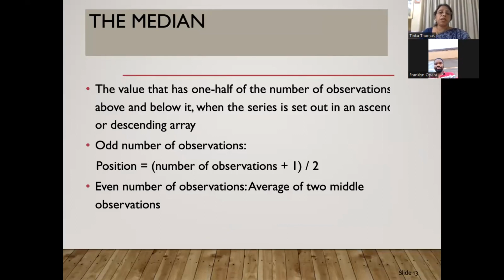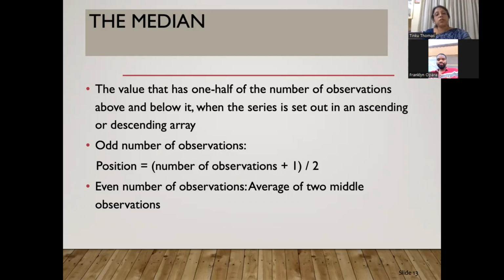So median, by definition, is a value that lies at the center. It is that value that has half of the observations lying above it, and another half of the observations lying below it. So essentially, median is at the center of the data. What do we have to do?